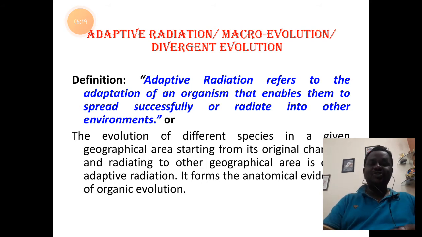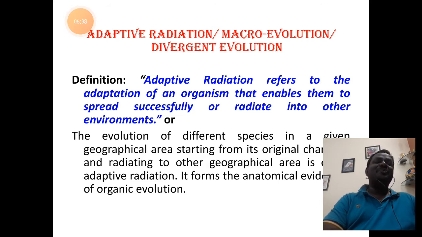In simple terms, adaptation of an organism that brings in the formation of newer species. So this is a good example of the concept of anatomical evidence of organic evolution.